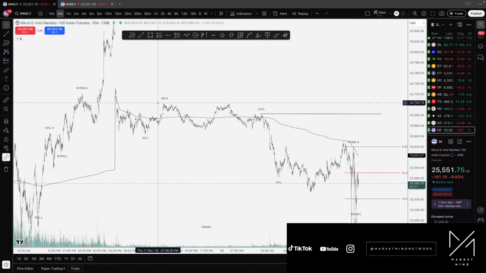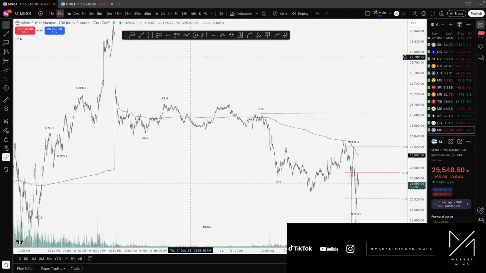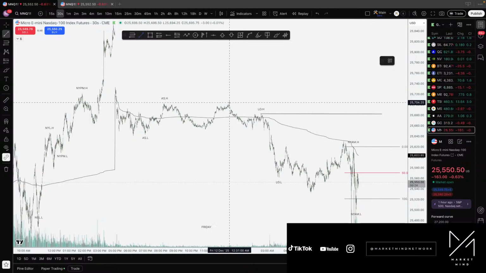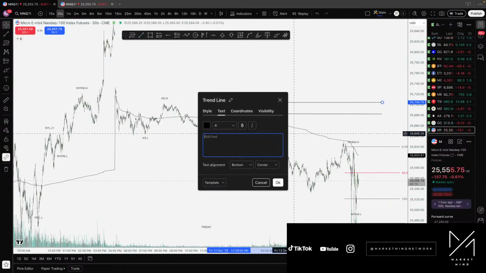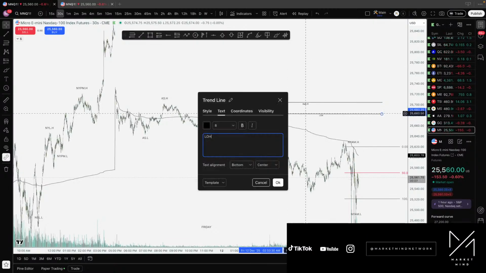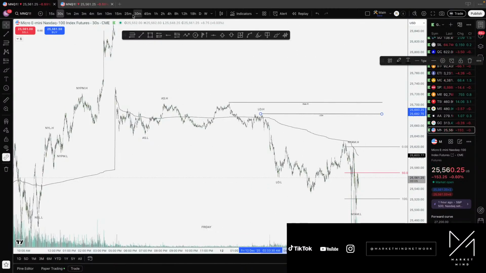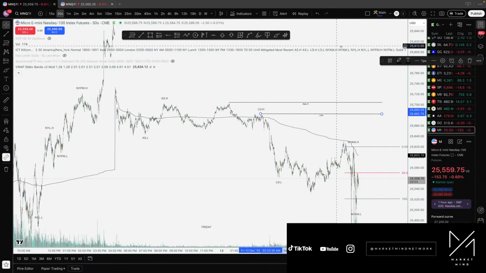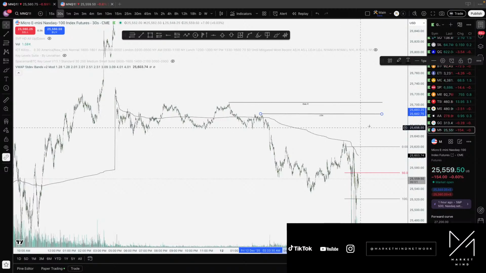This is the technical Asia high. Let's target Asia high, and then you've got your London high. You need to be aware of those two.